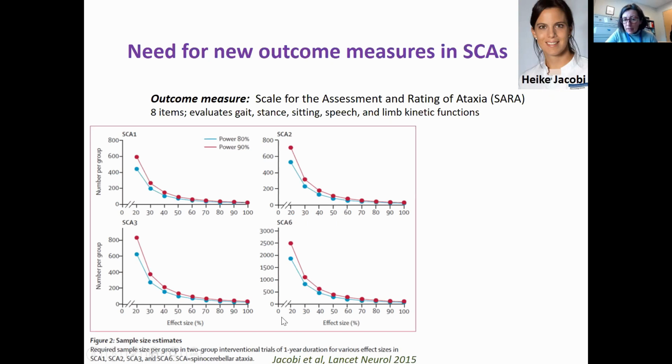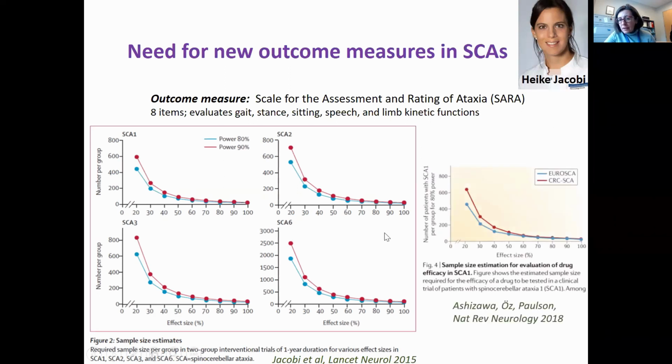And this is as a function of the effect size and the number of individuals who would be needed per group in a 2-arm trial. And you can see, for example, in SCA1 with a power of 80 or 90, you need hundreds of individuals, even for like a 30, 40% effect size. So these trials are difficult to execute if you need this many individuals.